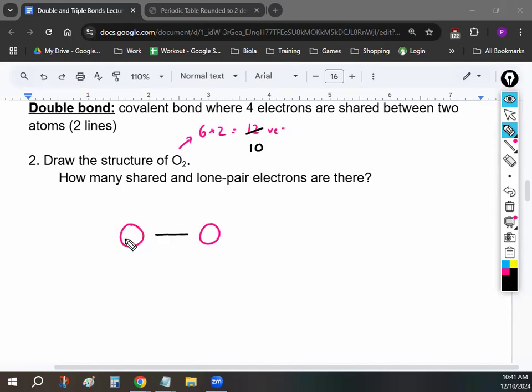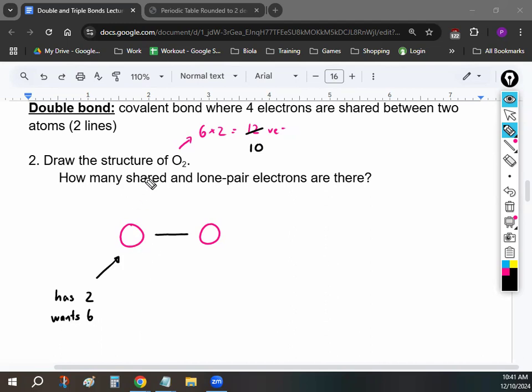Let's take a look at the oxygen on the left. How many electrons does it currently have? 2, because it has a line next to it. Now it wants to have 8, so it wants 6 more. It has 2, and it wants 6 in order to get to 8.